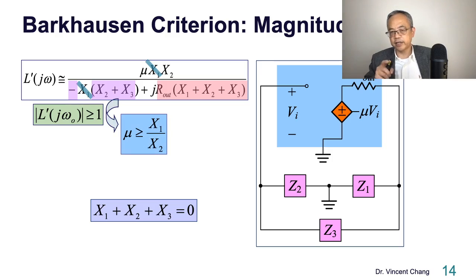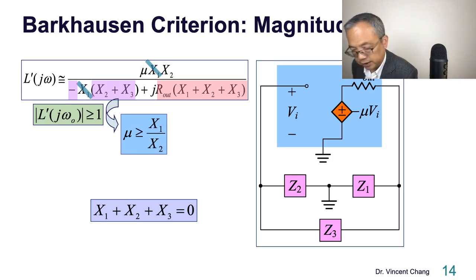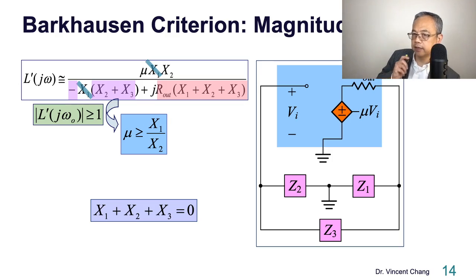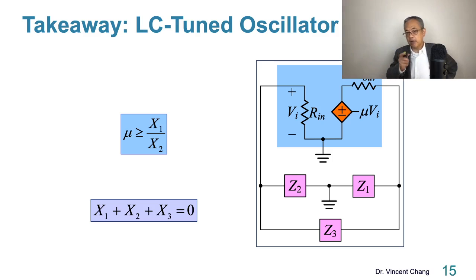So mu is greater than or equal to X1 divided by X2. This is the condition for what? The minimum open loop gain to start the oscillation.